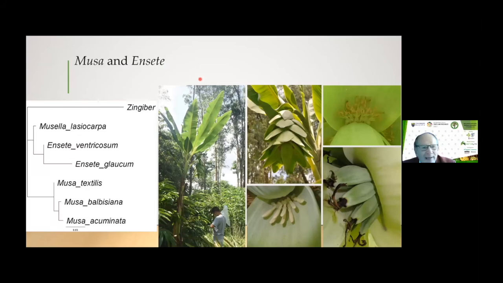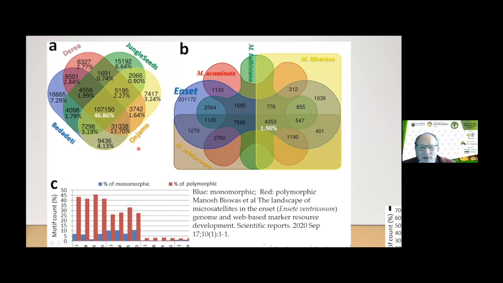So I now want to give some of the new results that we have with the Ensete group, which is a sister and has a lot of common genes available, as I'll be showing, between Ensete ventricosum and glaucum. This is some work with Manoj Biswas, who has shown how markers, in this case simple sequence repeat or microsatellite markers, are shared between all of the Musas and Ensete.